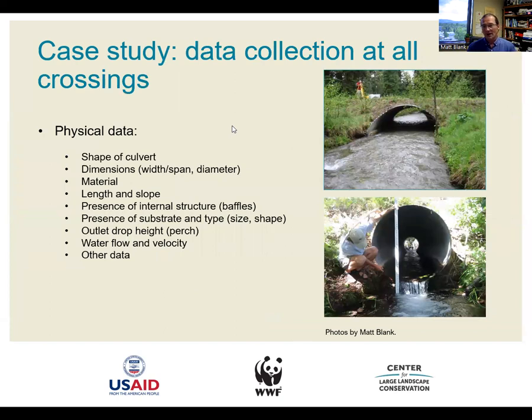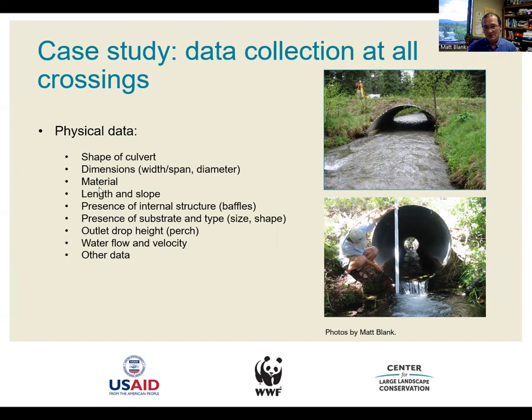So now we're in that data collection phase a little bit. And here's a couple crossings we've worked on over the years. This is a subset of the entire set, but it gives you a big picture feel for the data you want to collect at each of the sites for the regional screens.